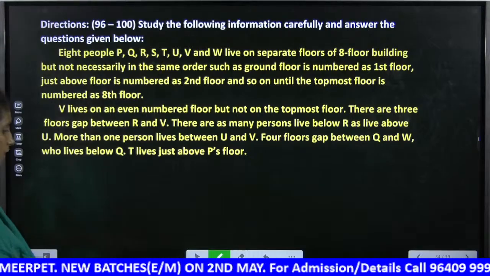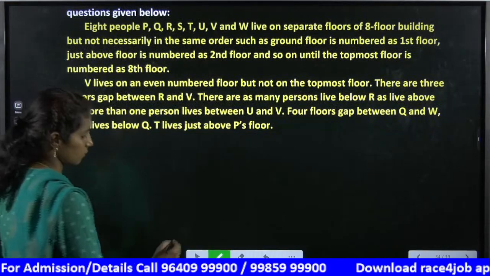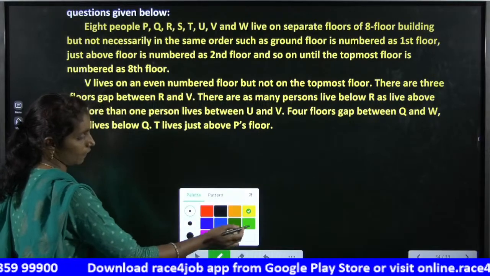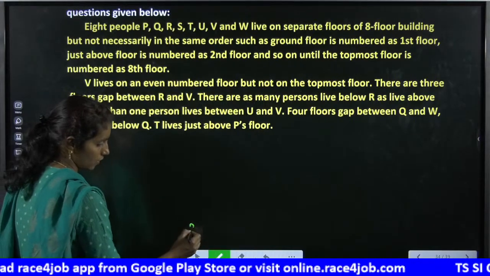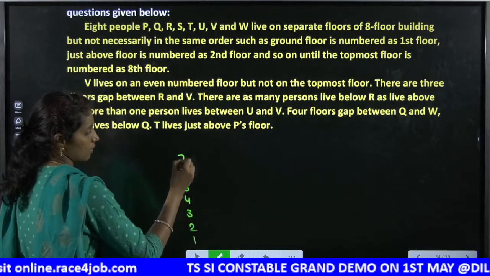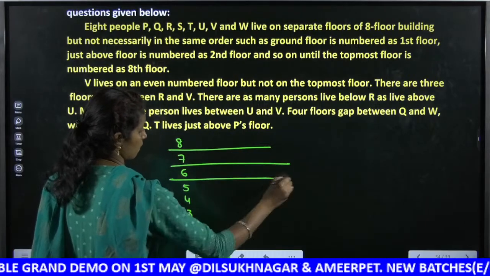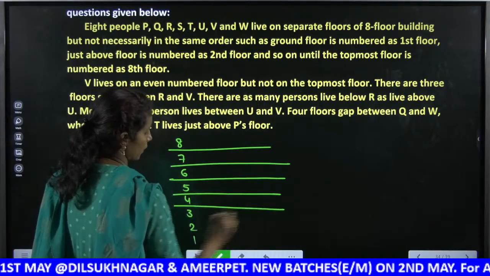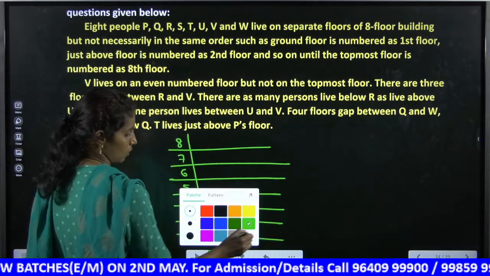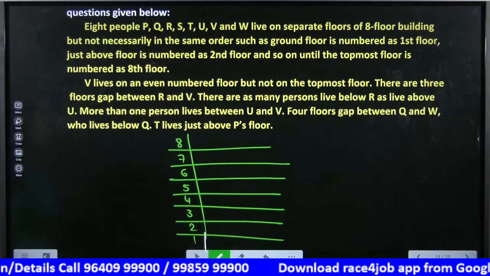We already know this. Consider first, second, third, fourth, fifth, sixth, seventh, eighth. We have an 8-storey building, and we need to place a single person on each floor, right? It is 2 pairs.